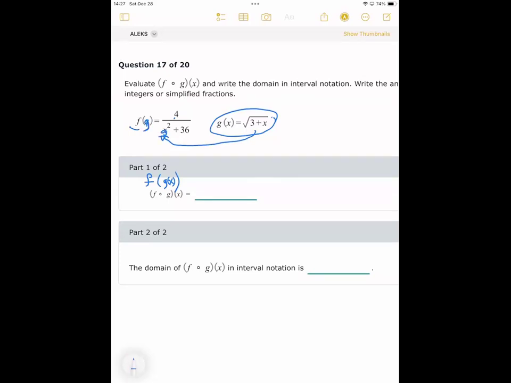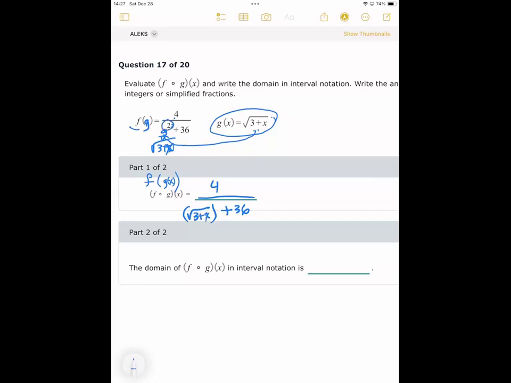G is the square root of 3 plus X. So I go to function f. This is my function f. I have to change its X to G, and G is the square root of 3 plus X.